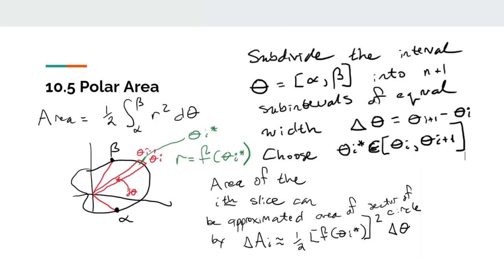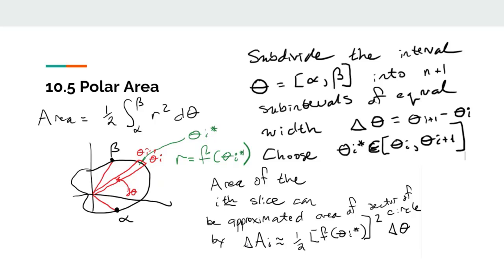We choose an element in the ith subinterval, and we use that in our f of theta function. So this approximates the ith slice, like this little pizza slice, of the region bounded by this polar function.